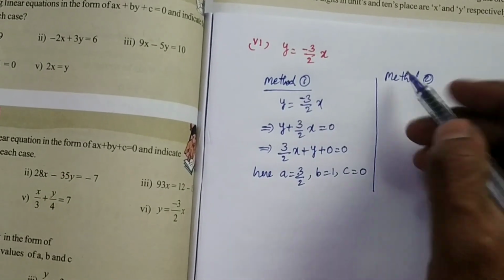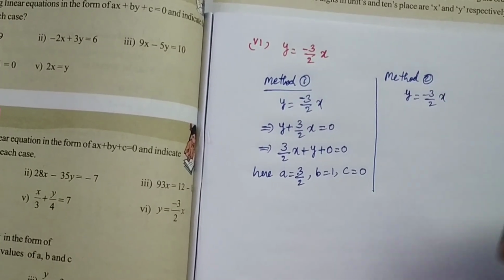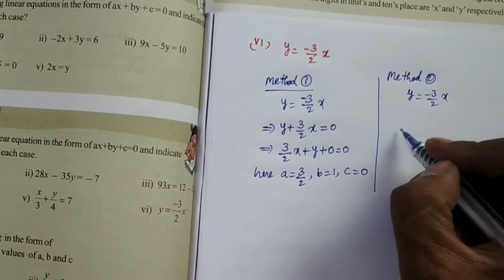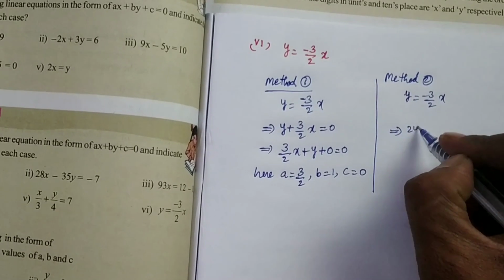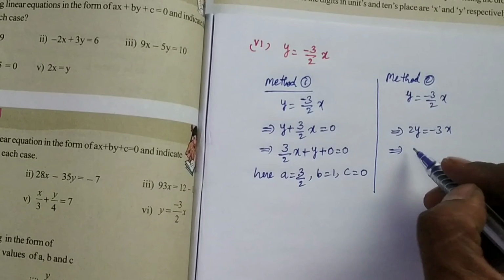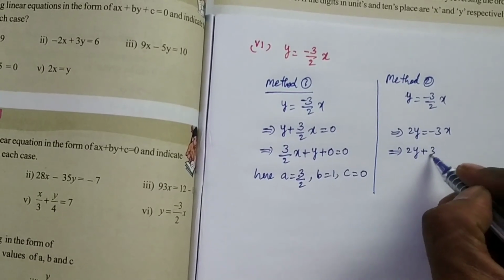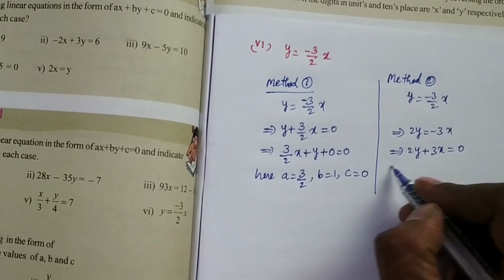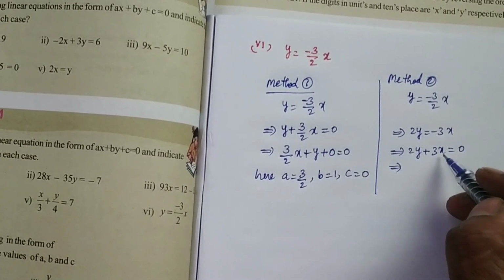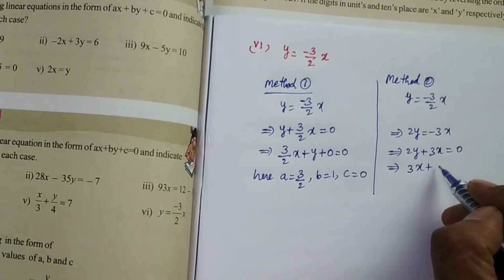So the given equation is y is equal to minus 3 by 2 x. Now you send 2 to this side, then it will multiply. So it will be 2y is equal to minus 3x. Now you send minus 3x to this side, it will be positive. So 2y plus 3x is equal to 0. Next write in the order ax plus by plus c is equal to 0. First you write 3x, next you write 2y.